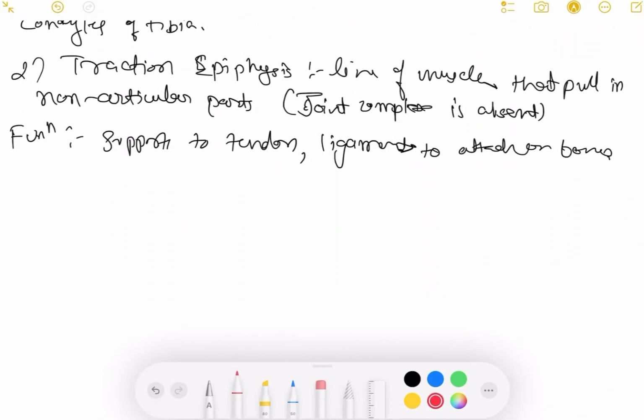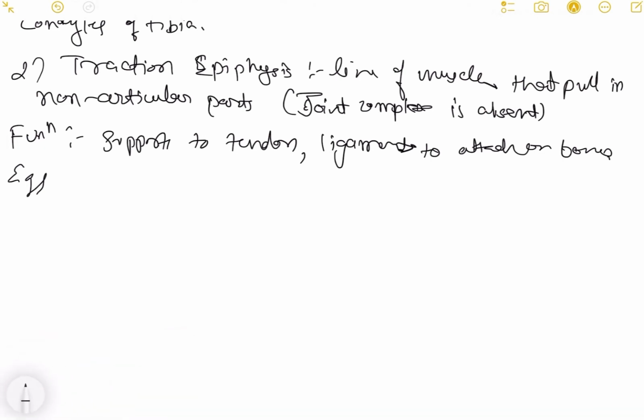Now if we talk about the examples, then trochanters, that is greater and lesser of femur. These all, greater and lesser trochanters, head, capitulum, trochlea, what are these all parts? You will learn in the detail of each and every bone in this channel only.